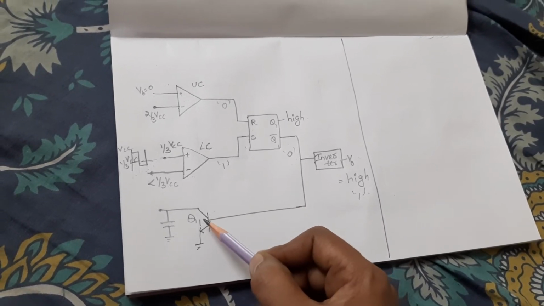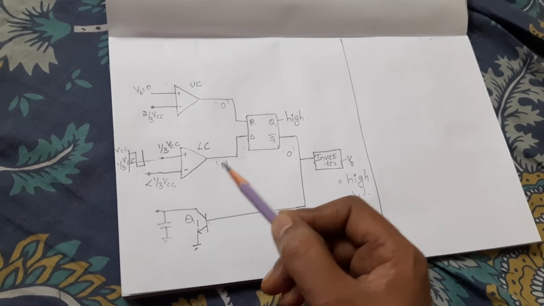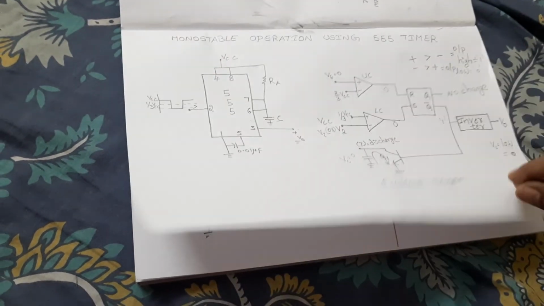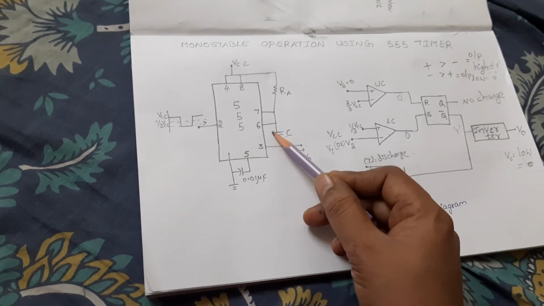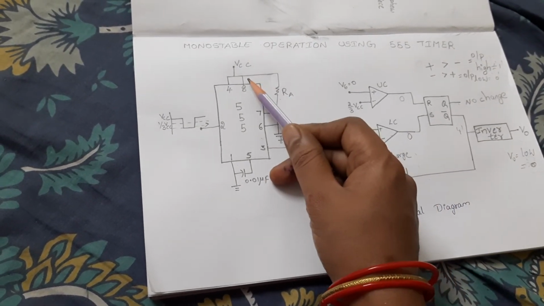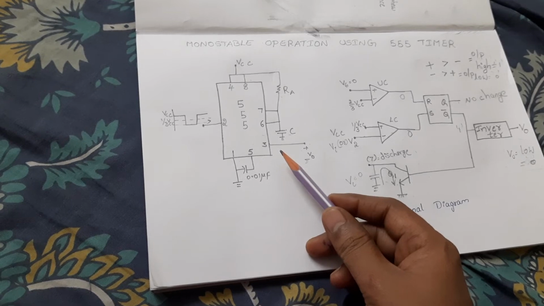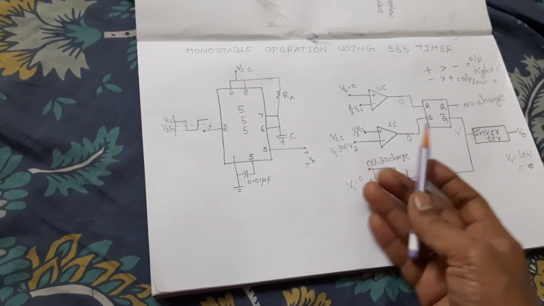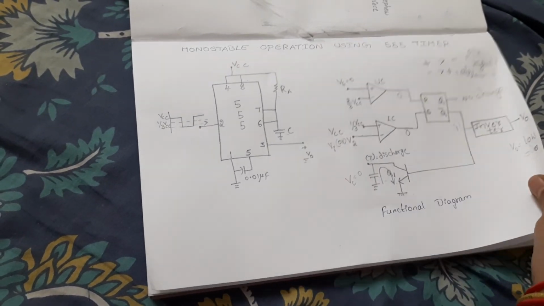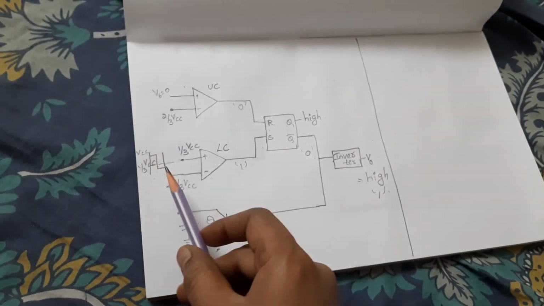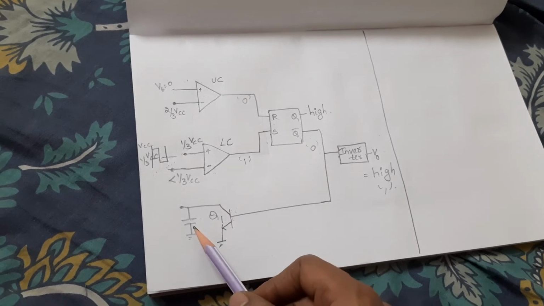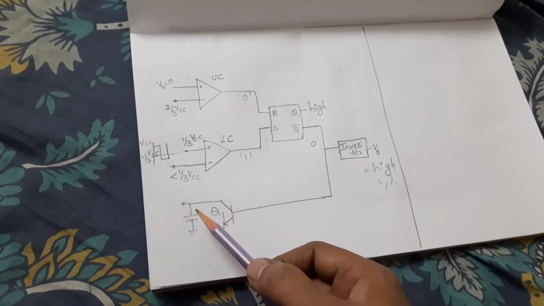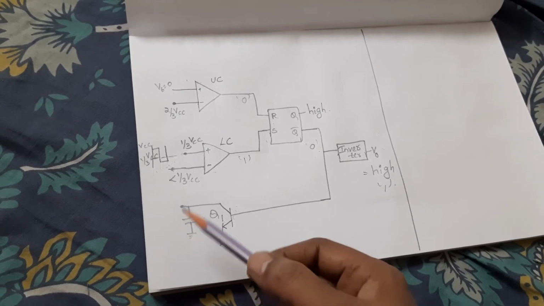Transistor off means this capacitor and resistor are connected to the VCC supply. That means the capacitor starts charging.